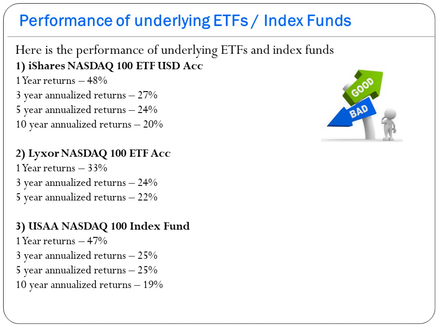Another ETF, the NASDAQ 100 ETF, has a 1 year return of 33%, and 3 year and 5 year returns ranging between 22 and 24%. The third, USAA NASDAQ 100 index fund, has a 1 year return of 47%, and annualized returns for 3 to 10 years ranging between 19 to 25%. So the underlying ETFs or index mutual funds are giving anywhere between 19% to 48%.